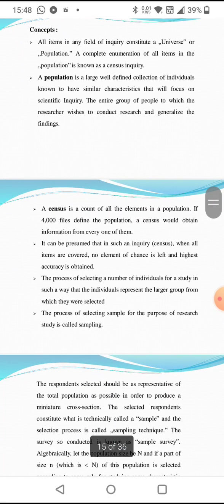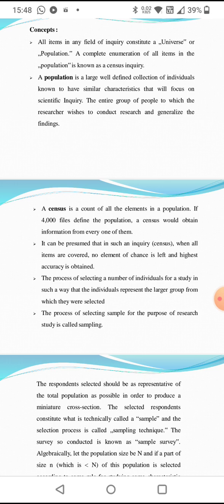A census is a count of all the elements in a population, which constitute the entire population. So complete enumeration of all items in the population is known as a census inquiry. A population is a large, well-defined collection of individuals known to have similar characteristics that will be the focus of scientific inquiry.